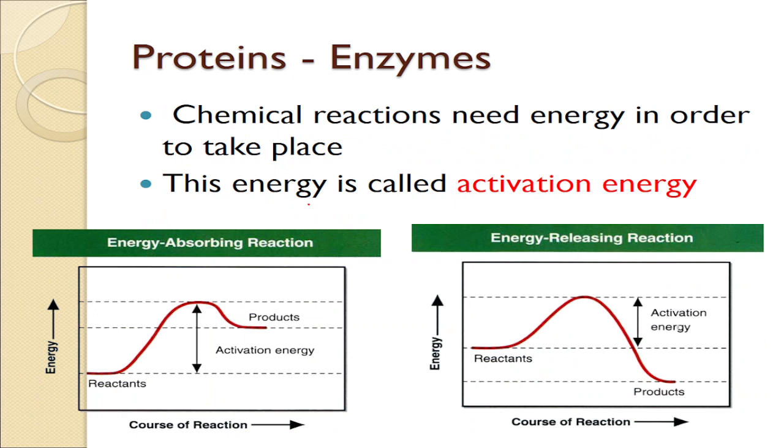Okay, so proteins and enzymes. A chemical reaction needs energy in order to take place. So when we study the Arrhenius equation, there is what we call the activation energy. Enzymes lower the activation energy, so they can act as a catalyst. In this example, we have reactants, but for the reaction to push through, there is an amount of energy needed.